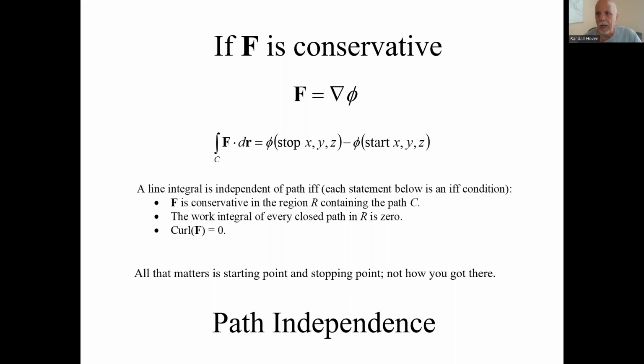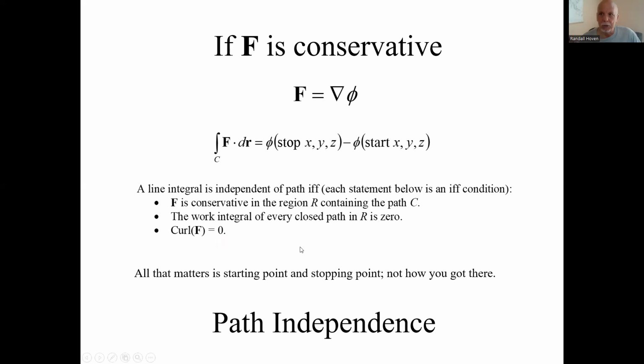Let me start with a bit of a correction. We're talking about path independence in the context of work integrals, and I started out saying you have a conservative vector field if and only if curl of f equals 0. That's not exactly true for you rigorous mathematicians.